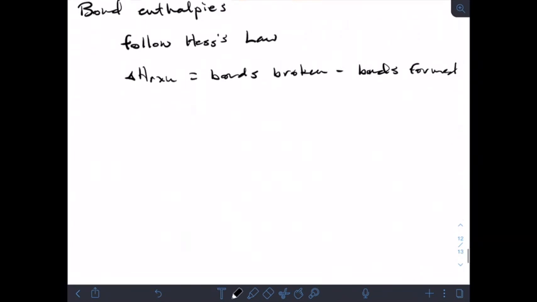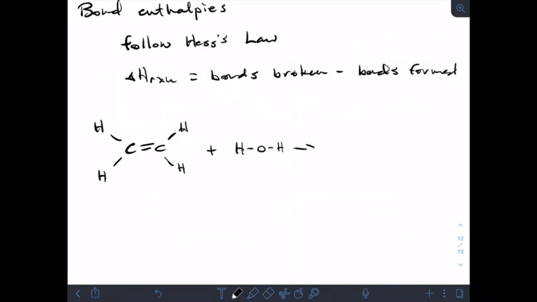But let's take a look at an example here before I finish this video. So looking at a reaction of this molecule with water, making this molecule.